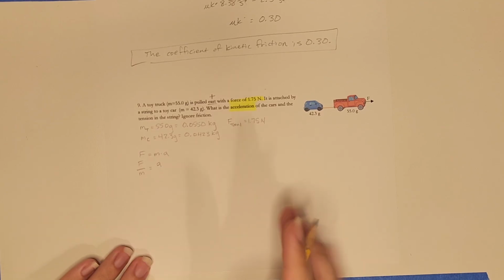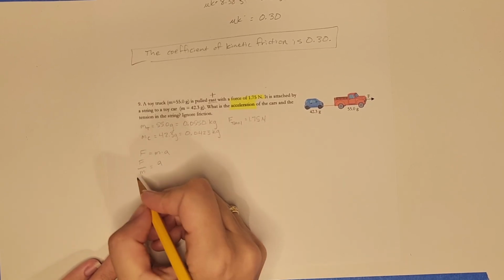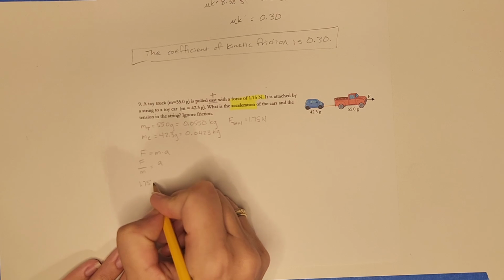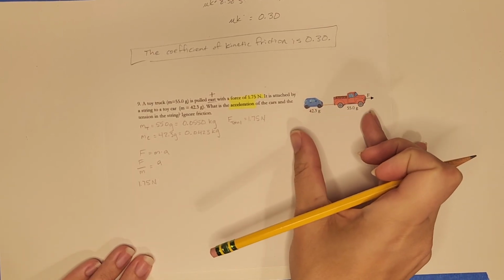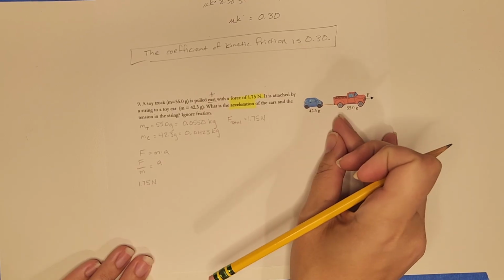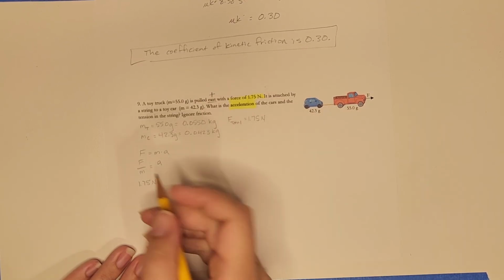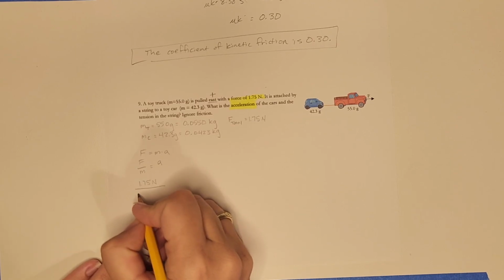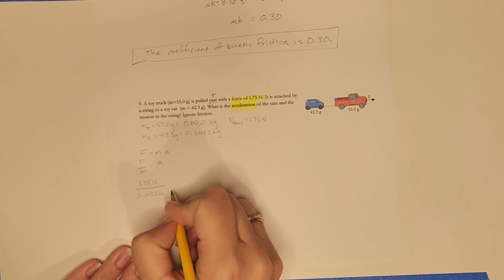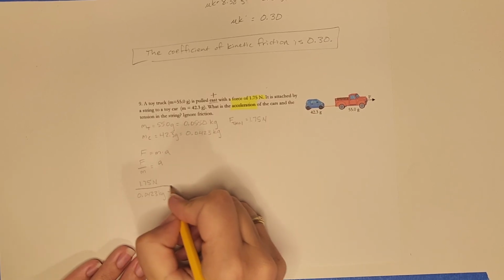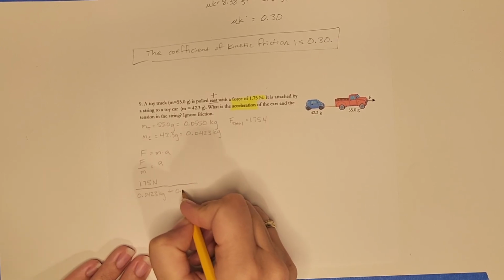Our total force here is 1.75 newtons. And when we do the mass, this force is pulling both of these cars, both the truck and the car. And so the mass is going to be the total mass, so the mass of the car plus the mass of the truck.